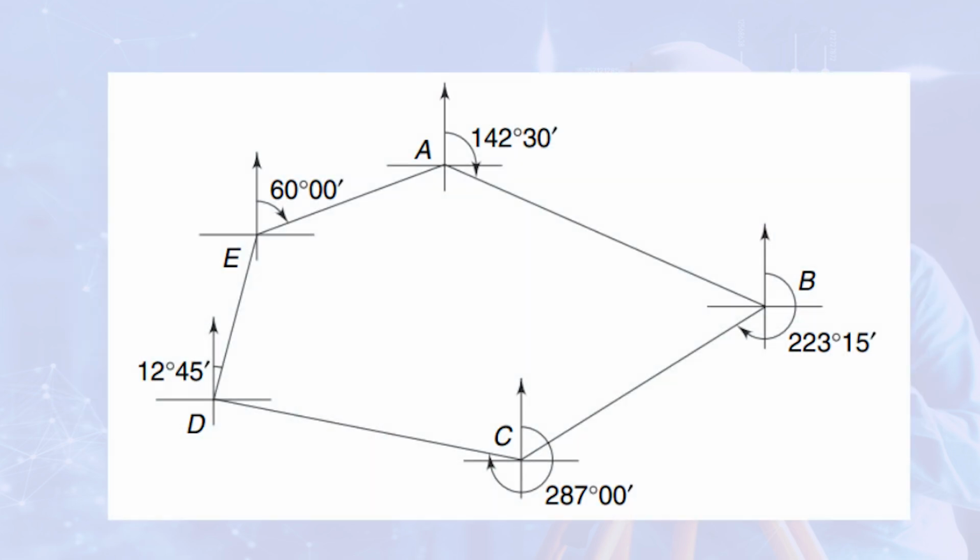Referring to this figure, firstly we will convert the quadrantal bearing given in this question to the whole circle bearing. As I have discussed earlier, you can easily convert the quadrantal bearing into the whole circle bearing. It is shown here. Lines AB, BC, CD, DE and EA, and their forebearing and back bearing have been converted from quadrantal to whole circle bearing.